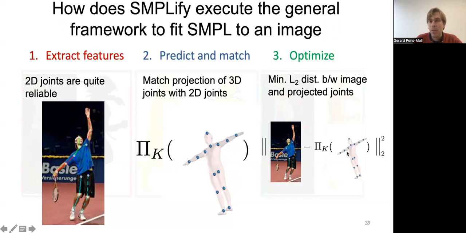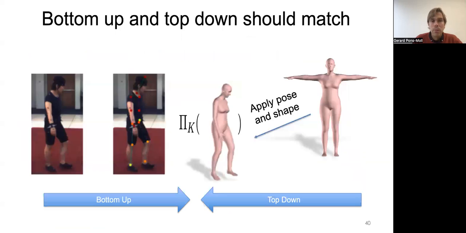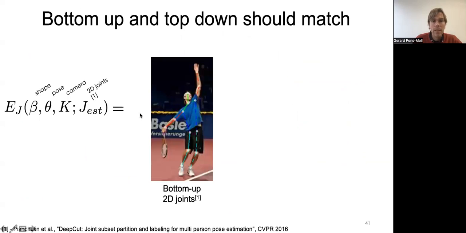That's the basic idea of SMPLify, which is still the baseline for many human pose and shape estimation methods. So the basic idea is, again, extracting features using a bottom-up approach and matching these features using a top-down approach, making the SMPL model match those 2D key points. So that's the idea: bottom-up and top-down should match.